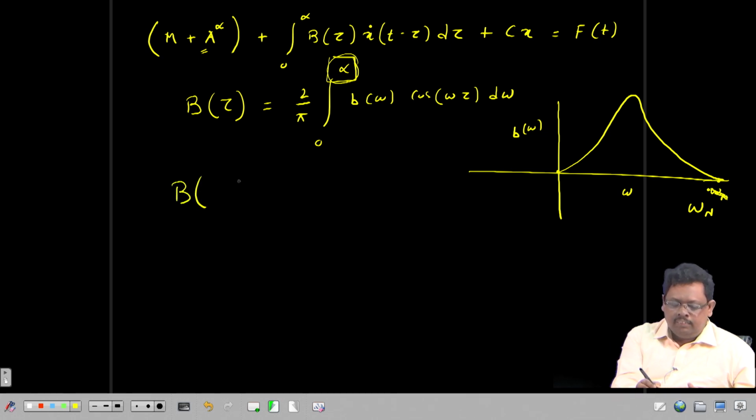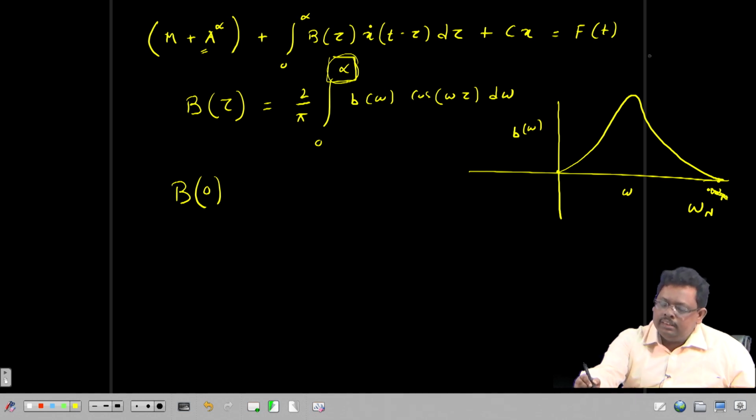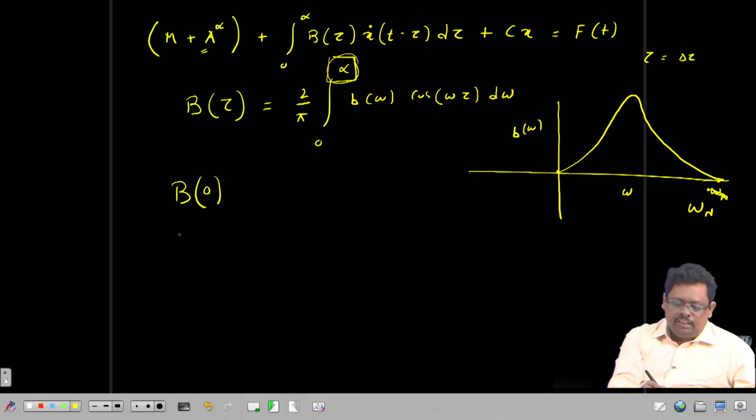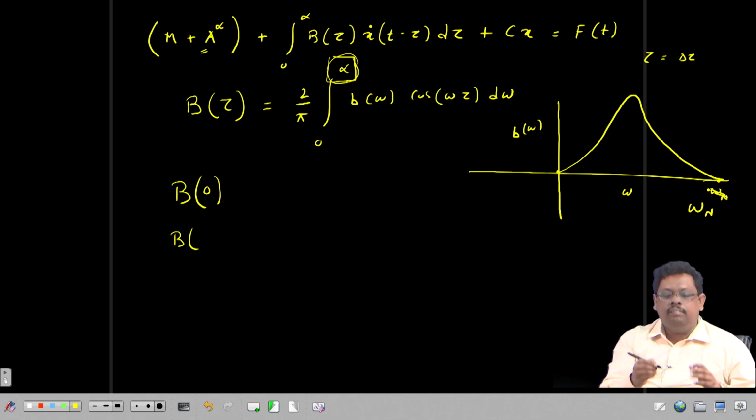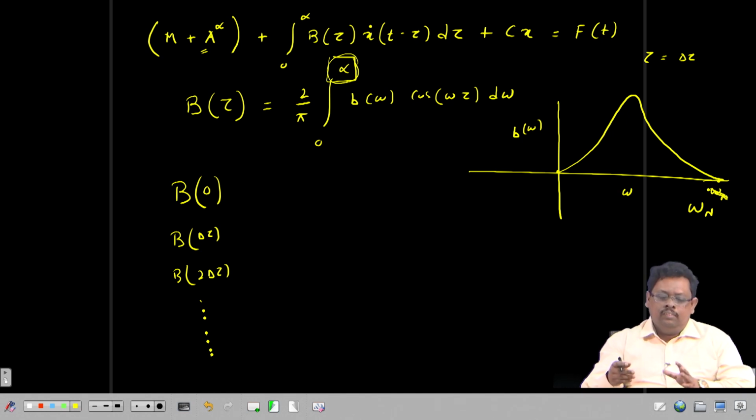I have to get b 0 when tau equals 0, and then increase tau with some increment delta tau, so I need b 0, then b of delta tau, then b of 2 delta tau, and so on.